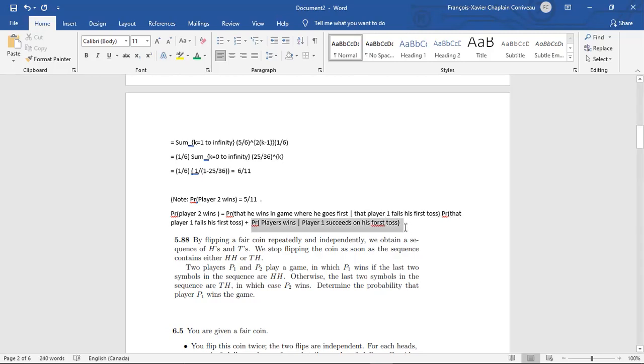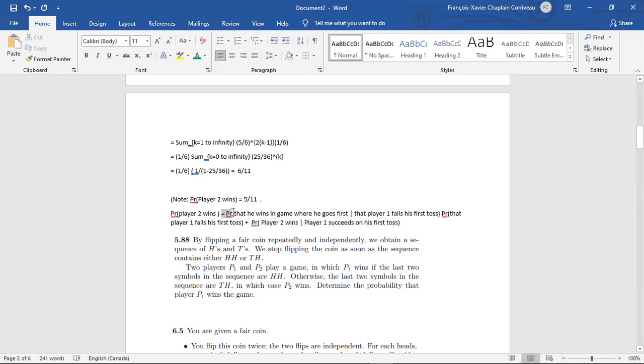And this part is 0, right? If player 1 succeeds on his first toss, then player 2 cannot win. So this is the law of total probability, and this part is 0.